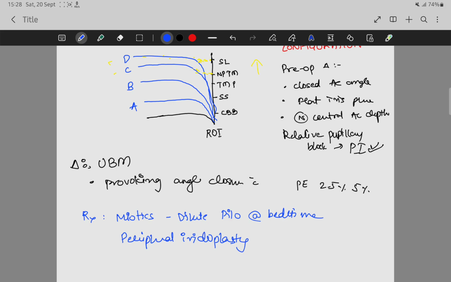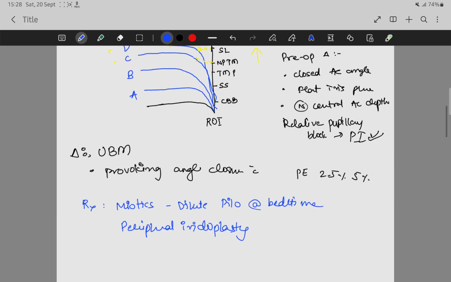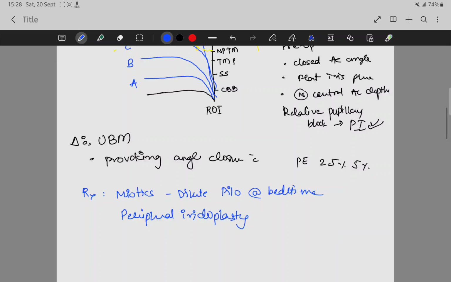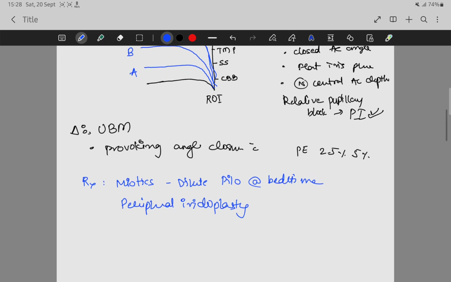So we have discussed in our previous class that angle closure glaucoma can be due to primary or secondary mechanisms, and the primary include this plateau iris, pupillary block mechanisms, whereas the secondary is due to some anatomical or secondary ocular or systemic diseases, right?